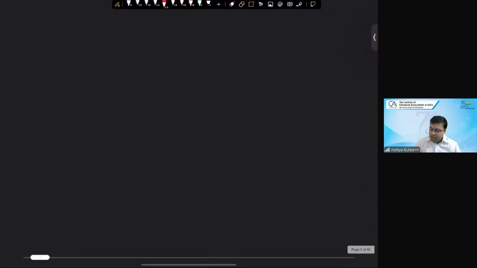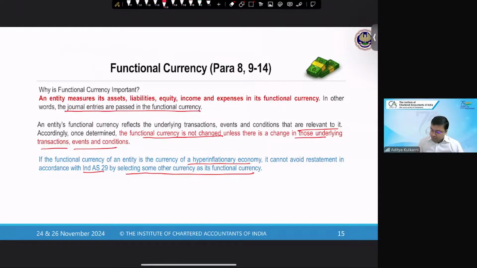Now, if the functional currency of the entity is the currency of a hyperinflationary economy, Zimbabwean dollar, okay, then it cannot avoid restatement in accordance with Ind AS 29 by selecting some other currency as its functional currency. Suppose I am working for a company which has the Zimbabwean dollar as the functional currency.